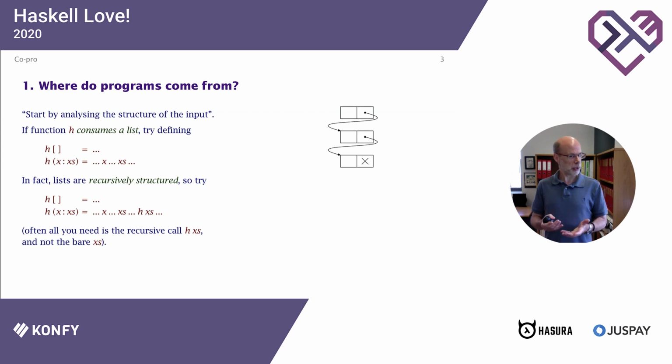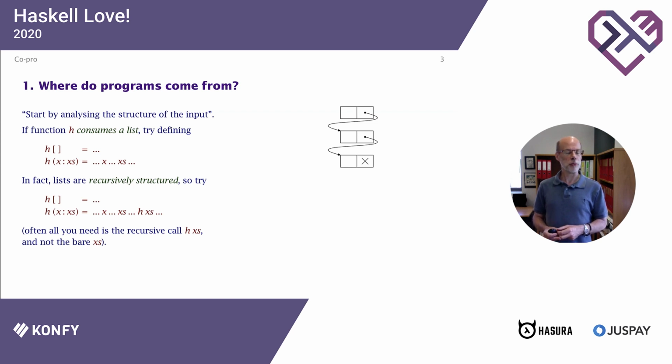But anyway, H of xs is well typed. xs is the right kind of thing to feed to H, so that's another thing you could try. And so the structure now says H of the empty list is something, you just have to work out what that is. For a non-empty list, you can use x, you can use xs, and you can use the result of a recursive call of H on xs.